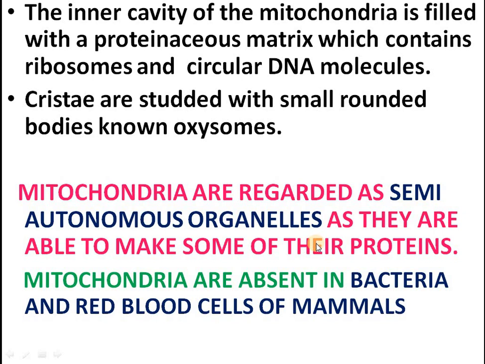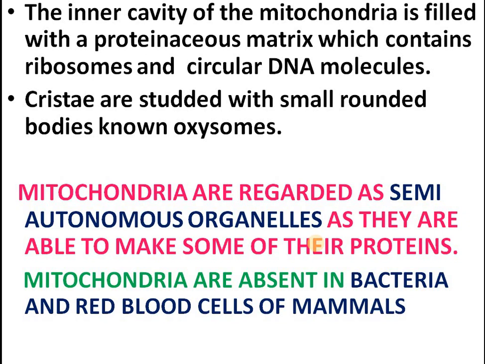This is a new term for you, semi-autonomous organelle. Why? Because they consist of DNA, so they can replicate themselves. Means they can divide from one to many, and the other thing is they are able to make some of their proteins because they consist of ribosomes and DNA. Due to the presence of DNA and ribosomes, they can self-replicate.